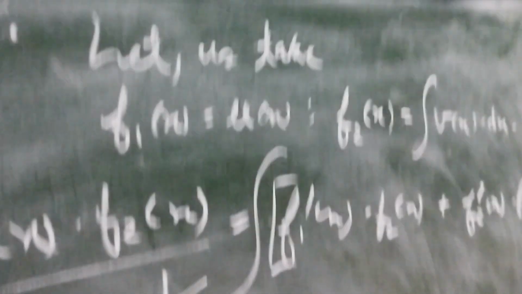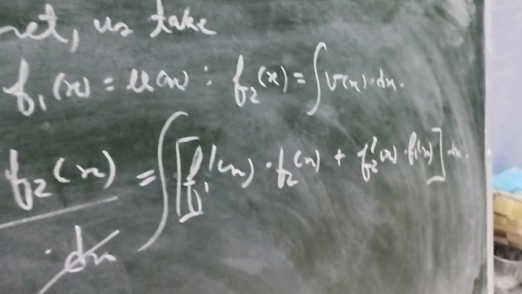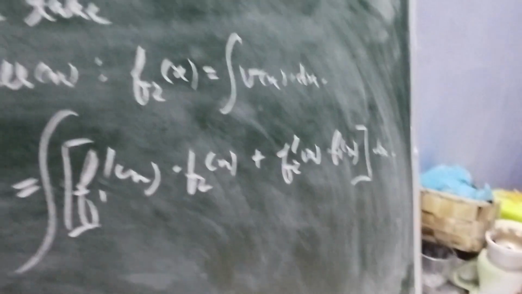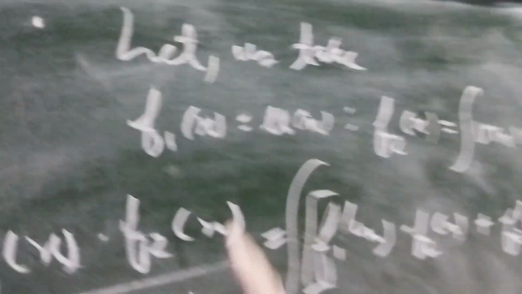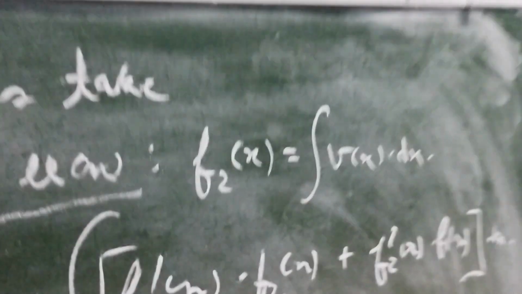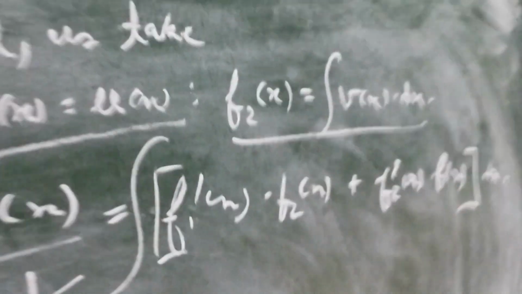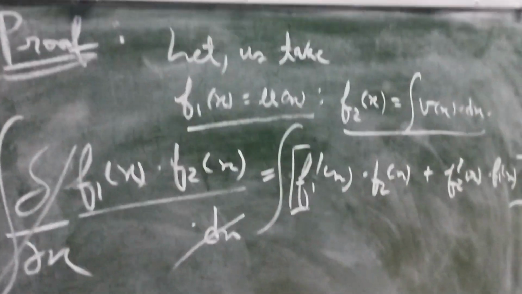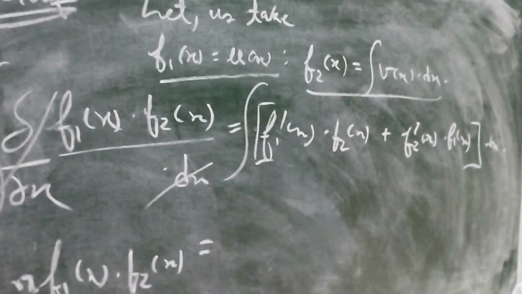And as you can see, here is the tricky portion. You are seeing one derivative and one function, right? Here I mentioned the function is a function, whereas this function is an integrable function. This is where the main trick in the proof is. So let's do it further.